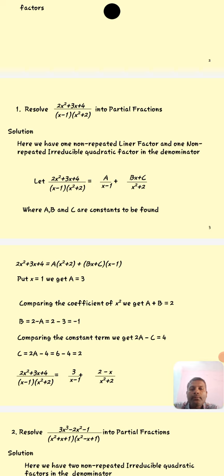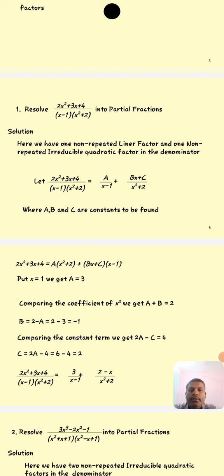The simple way here is to put x equal to 1, and we get a is equal to 3. The bx plus c term becomes 0 because x minus 1 becomes 0. On the left side we also substitute x equal to 1, so 2 plus 3 plus 4 is 9, and on the right 1 plus 2 is 3.